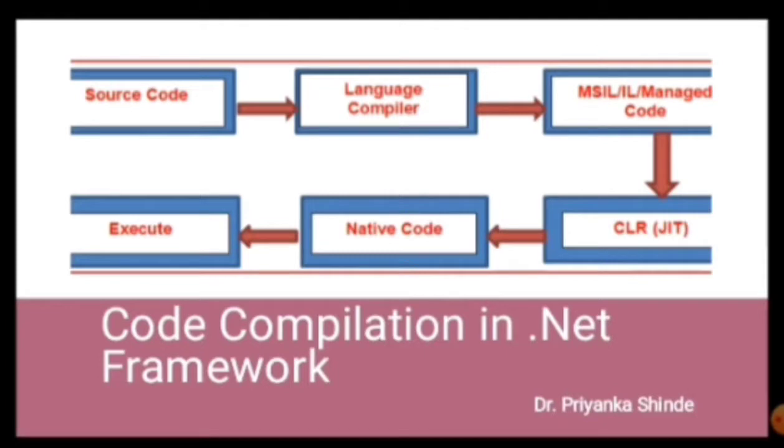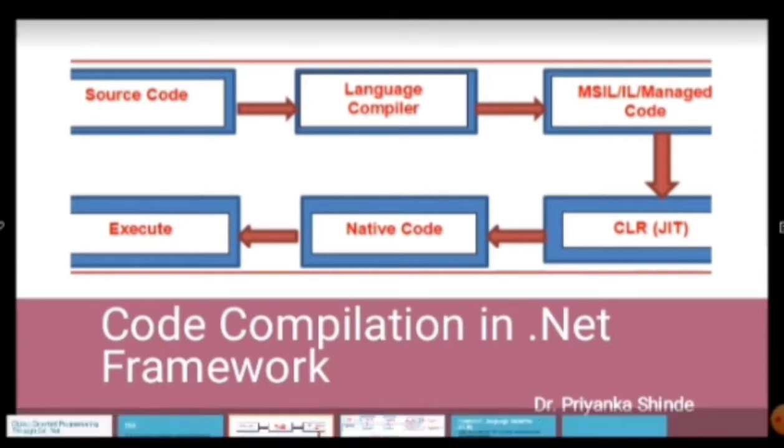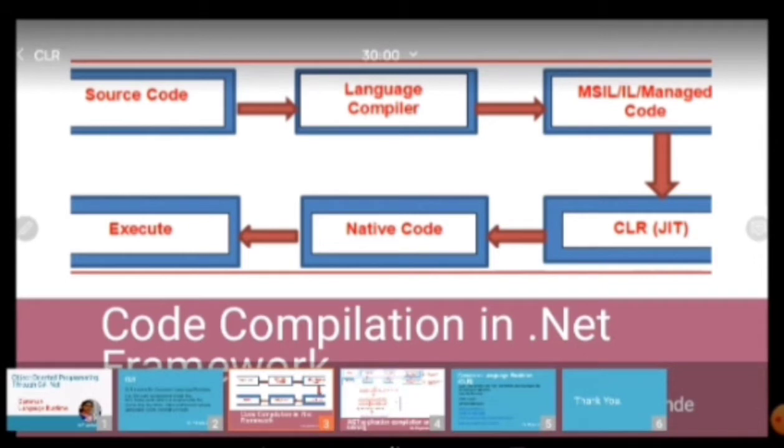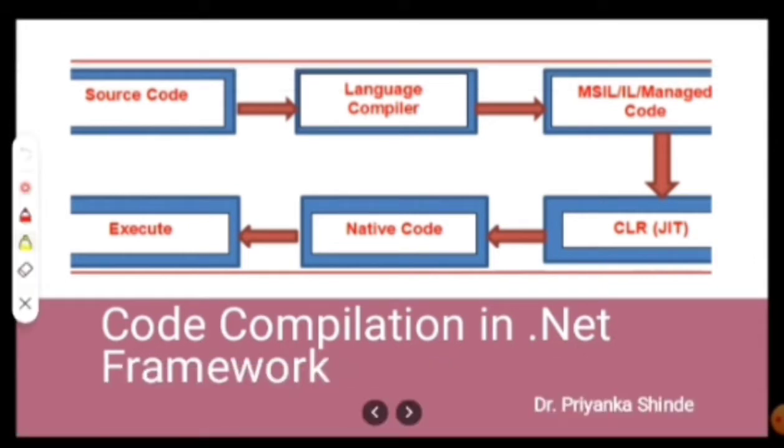So here you can see the code compilation in .NET framework. In the .NET framework, the code is compiled twice. So what happens in the first step? In the first compilation, the source code is compiled by the respective language compiler, and it generates the intermediate code.